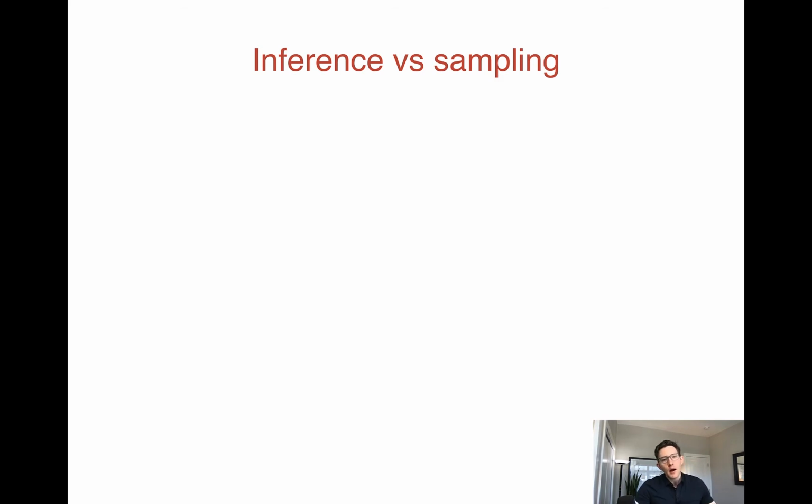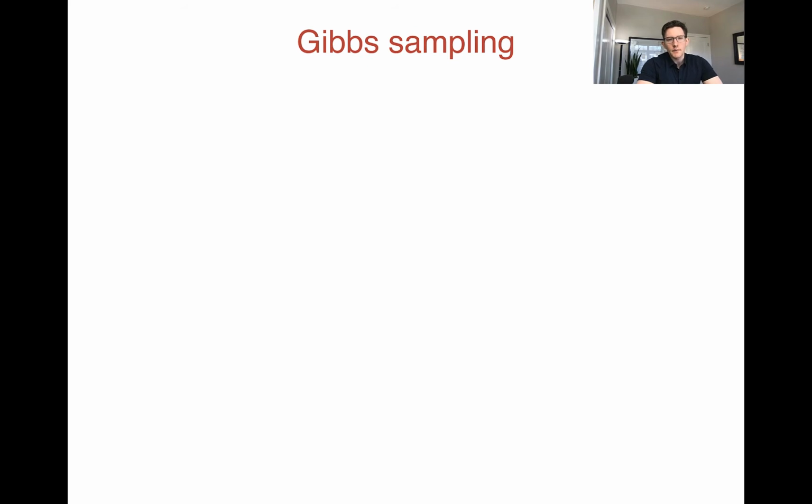We're going to use these very powerful methods for sampling that we're going to talk about next, and use them to do approximate inference. The first method we're going to talk about is Gibbs sampling. Gibbs sampling, again, is a method for producing samples from a multivariate probability distribution, like a Bayesian network or a Markov random field.